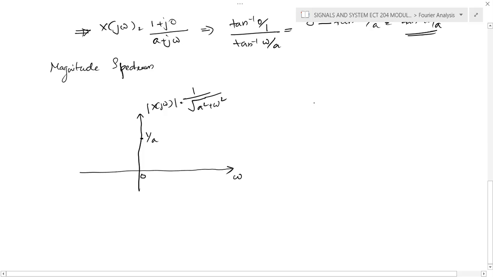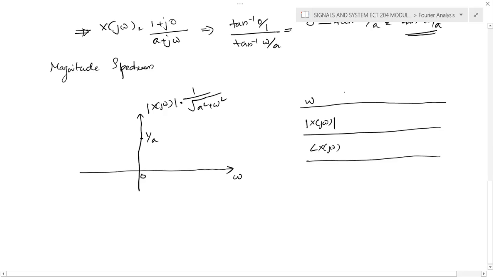Or otherwise, we can try another method, that is, you can write the values of omega, and calculate the modulus of X of j omega and the angle of X of j omega for different values. Okay, so you'll get some idea about the signal. And if you want to substitute some value for a, you can try that also. Assume that a is 0.5.